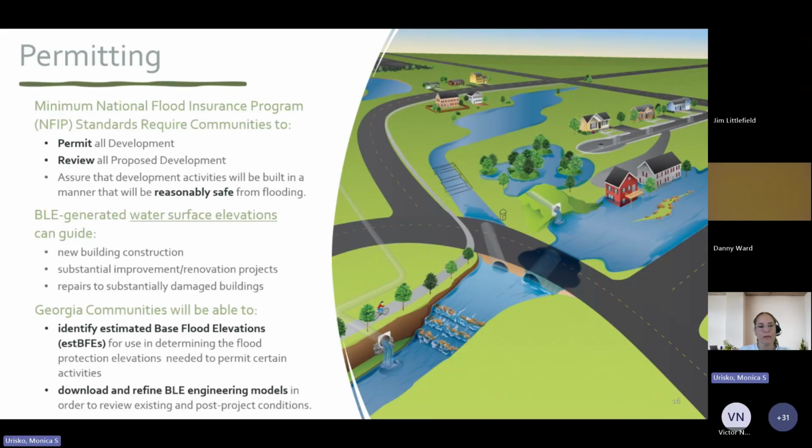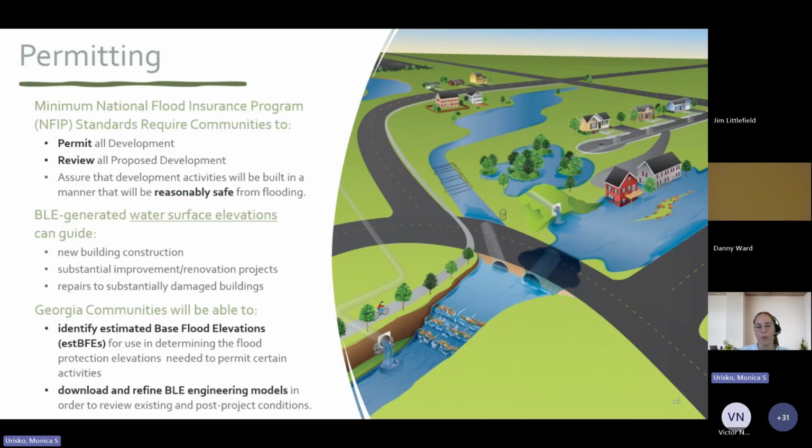With this data set, you can identify estimated BFEs, but also if a developer or even the community wants to do a pre and post project analysis, the models are available, as Nick showed on the website.